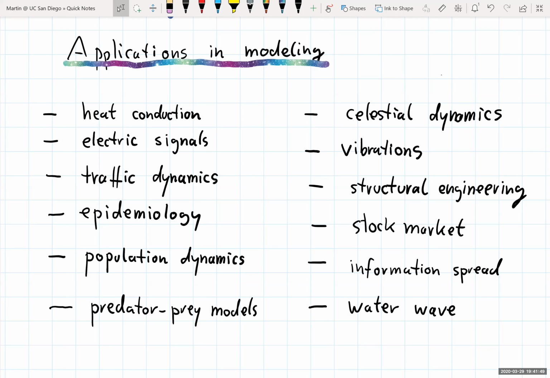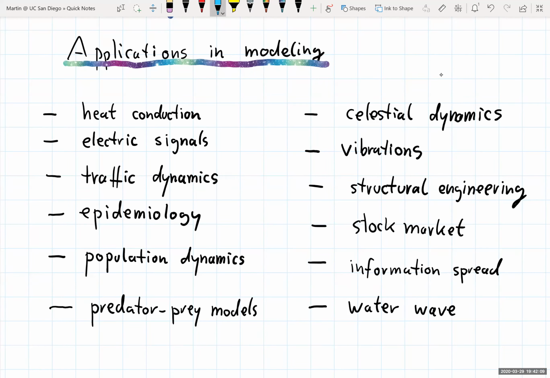As you might remember, differential equations have many applications in modeling in the sciences. These sciences range from physics, engineering, even sociology. For example, in physics, you might be interested in modeling heat conduction.